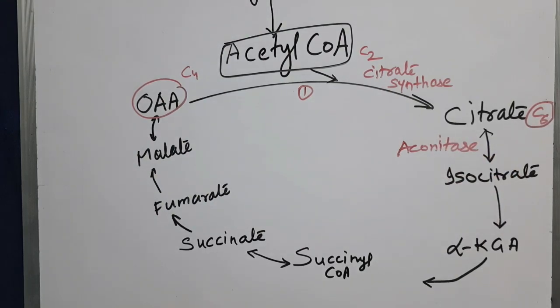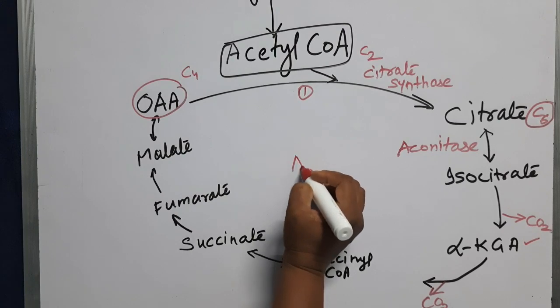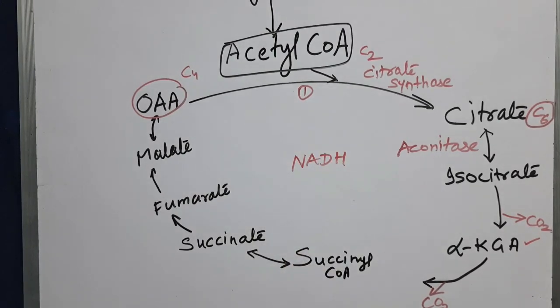Then isocitrate will be oxidatively decarboxylated to alpha ketoglutarate. There will be one decarboxylation. The first CO2 is liberated in this step, and the second CO2 is liberated in the next step. Both are similar oxidative decarboxylation reactions. In the isocitrate to alpha ketoglutarate reaction there will be production of one NADH, formed from NAD.